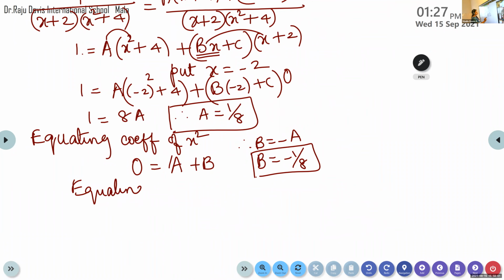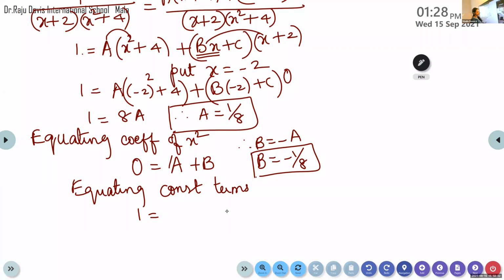So equating the constant terms, here we get 1 is equal to 4a. Here b into x is there, so no use. C into x is not constant, but c into 2 you will get 2c. So 1 is equal to 4a plus 2c. Is it clear? Is it okay?